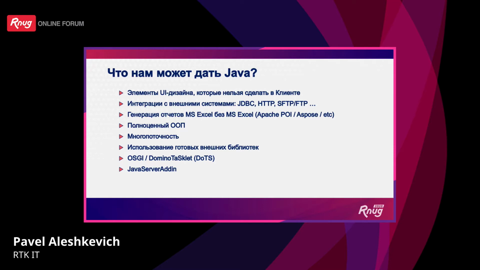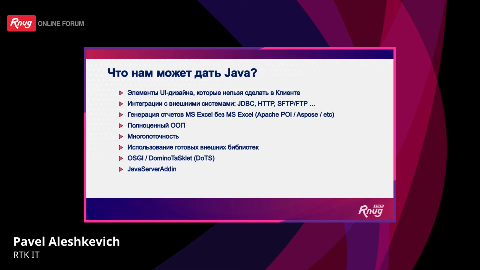Then we can also use ready external libraries, for HTTP, SFTP, FTP, etc. You can manage strings, for example parse strings or work with common lists. You can also send some requests, and you can work with data. At some point we had some special libraries, but I will elaborate on that later. We also have OSGi and Domino tasklets, thanks to Java, and this is another level.